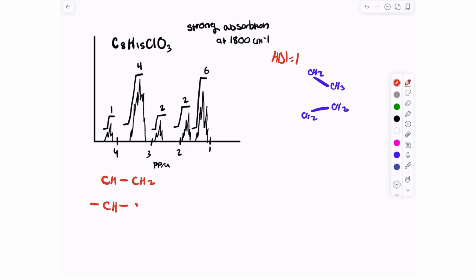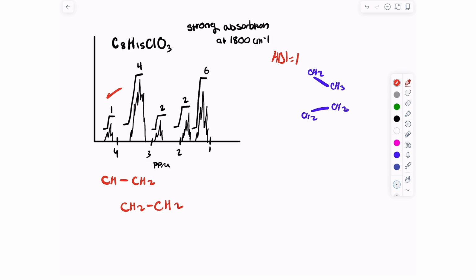Because how I think about it is, if you have something that looks like this, you're going to have a lot of things coming off of it that won't add protons, which just doesn't really make sense. So we're going to say it's like this. So that's what I think this is.